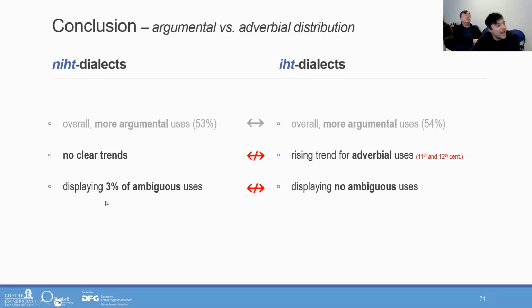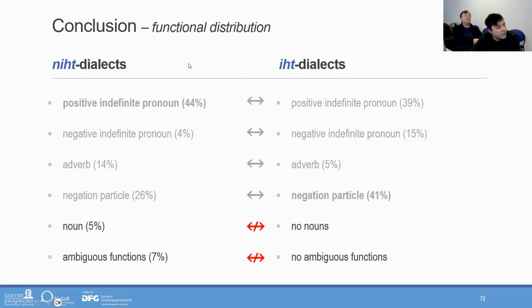And then again, the niht dialects displayed 3% of ambiguous uses, which was not the case in the Ich dialects. Regarding the functional distribution, we have seen that niht could be used as a noun or with ambiguous functions in the niht dialects, but in the Ich dialects, at least in what we have found until the end of the 12th century, we could not find any uses as a noun, and there were also no ambiguous functions.